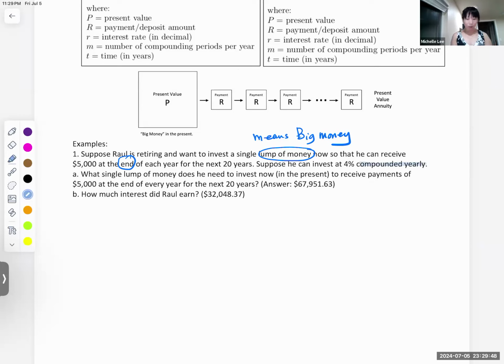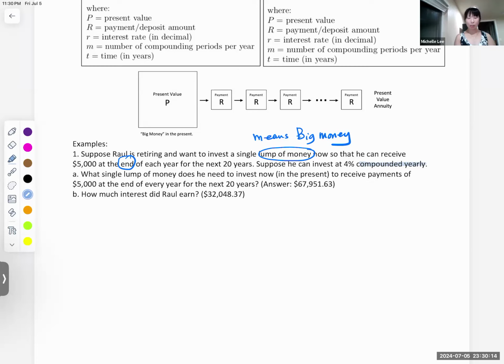What single lump of money does he need to invest now in the present to receive payments of $5,000 at the end of every year for the next 20 years? So we want to use the TVM calculator.